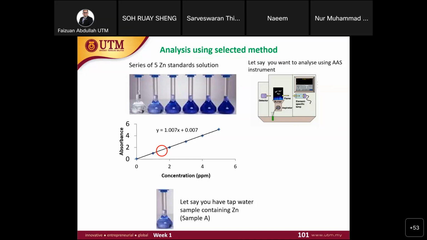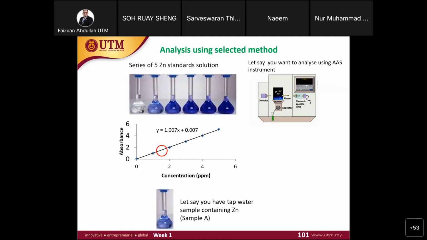The instrument can only tell us the response. For example, the response of this instrument is absorbance: how much of the energy introduced to the sample is absorbed by the sample, based on the amount of analyte inside it. The more analyte inside it, the more it absorbs the light that we introduce to the sample.